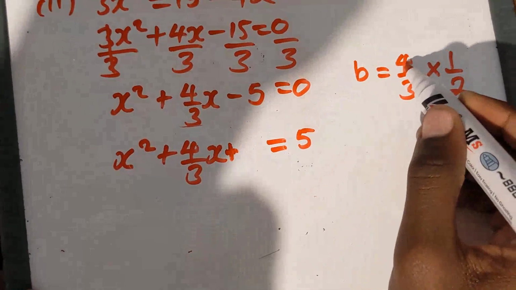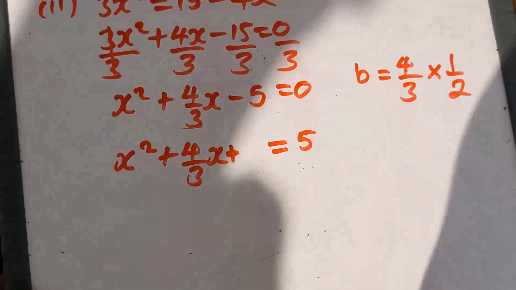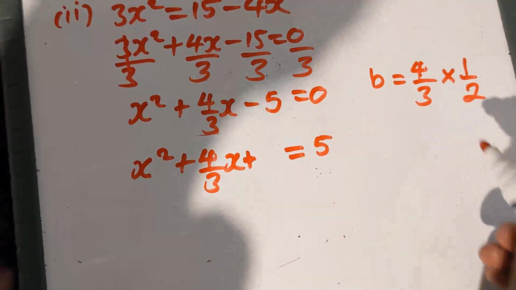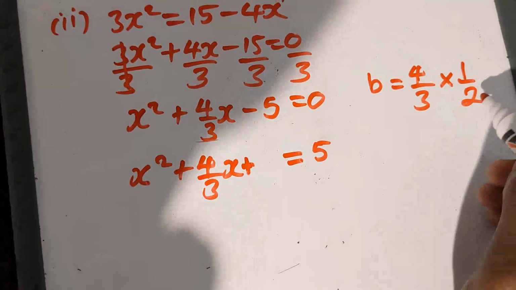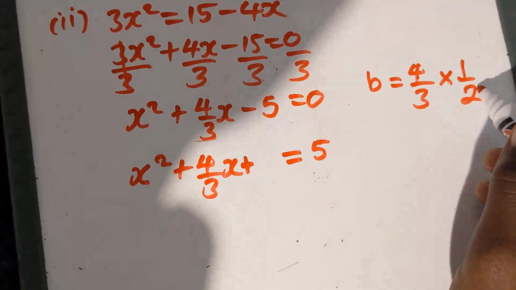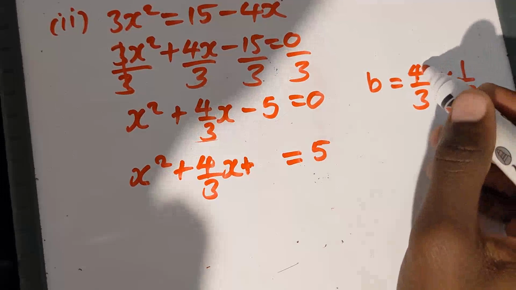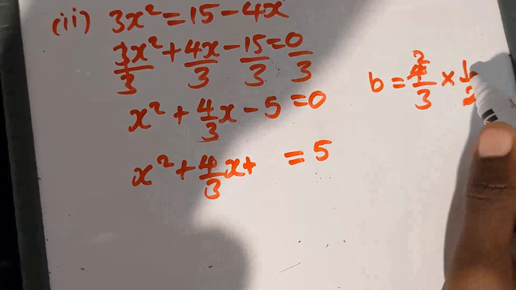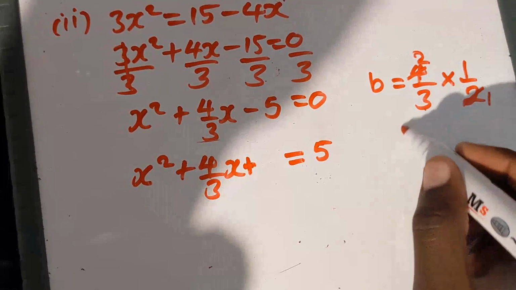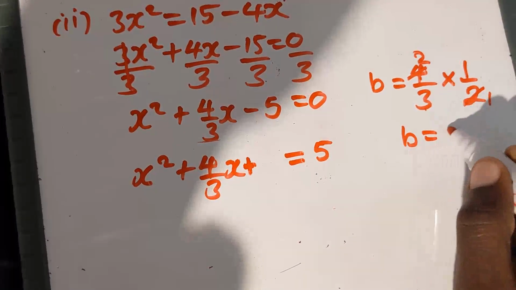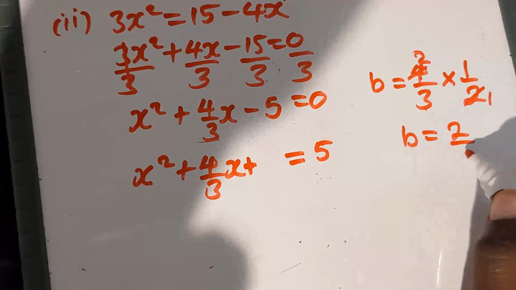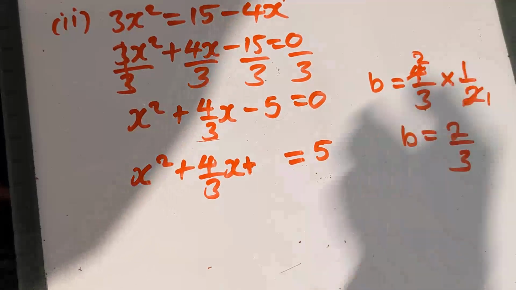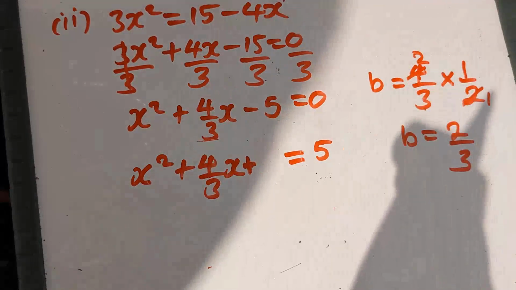So this is going to be 4 times 1, or you can divide. 2 into 4 is 2, then 2 times 1 is 2. Then 3 times 1. So meaning that half of b is equal to 2 over 3, like that. That is half of b.